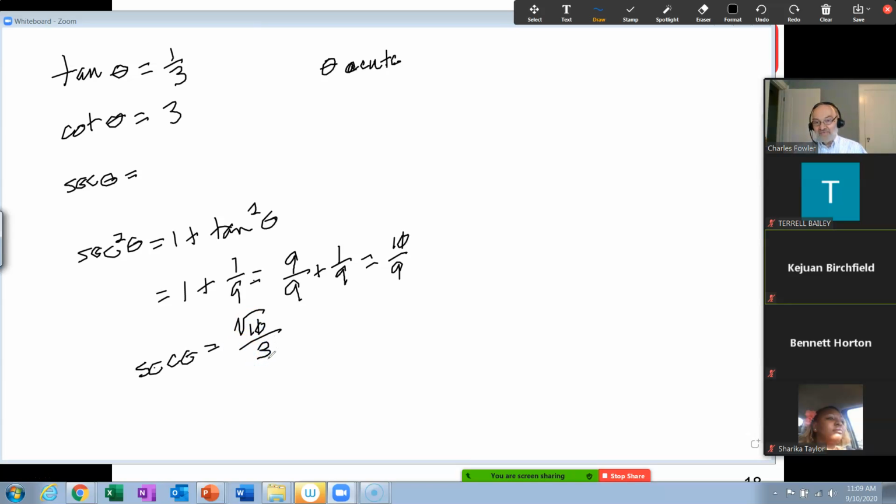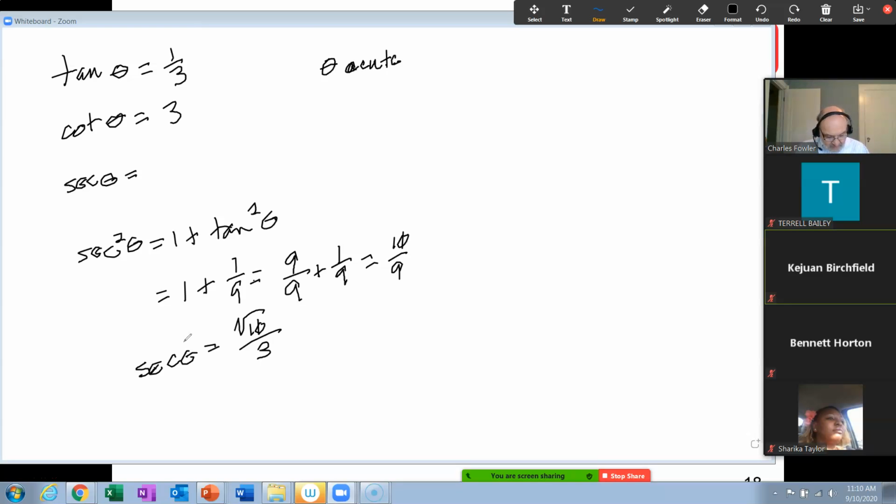The positive. Always positive because it's an acute angle. Secant theta is still pretty ugly, but okay. There it is. Done. Secant theta would be the square root of 10 over 3.